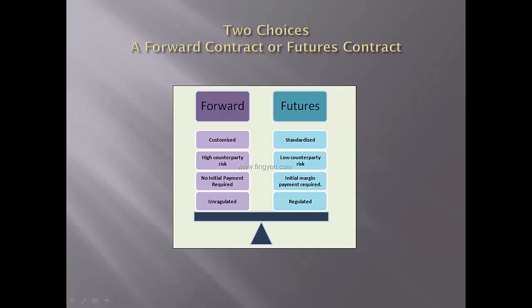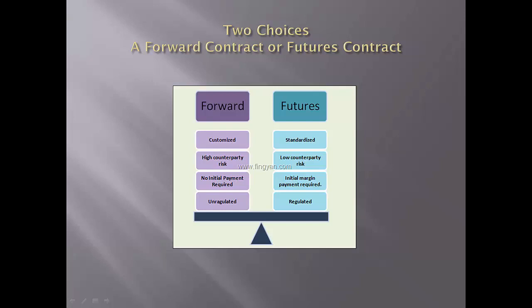So this becomes an unregulated market situation where there has to be a lot of trust in both the buyer and the seller to fulfill the transaction. One of the benefits of a forward contract was there was no initial payment required. Once the supply of the commodity was delivered, then a payment would be transacted.